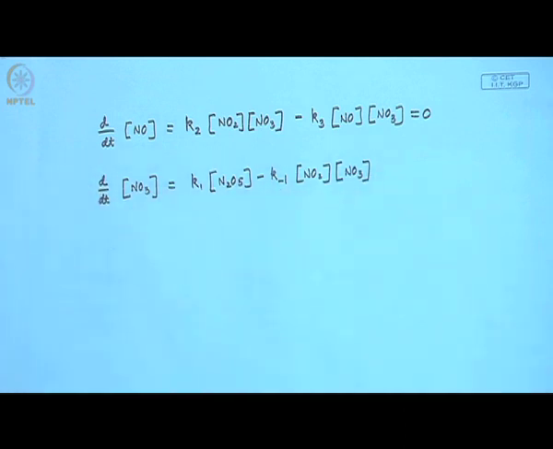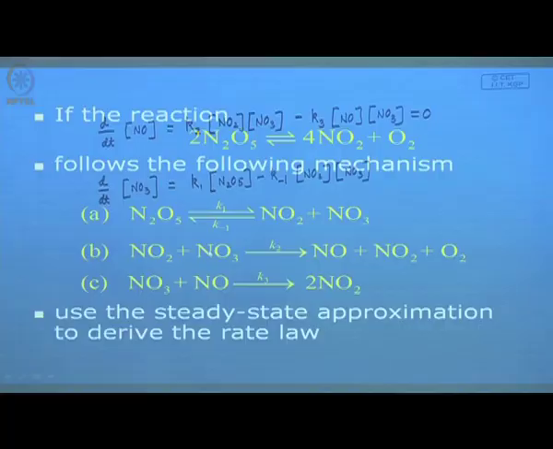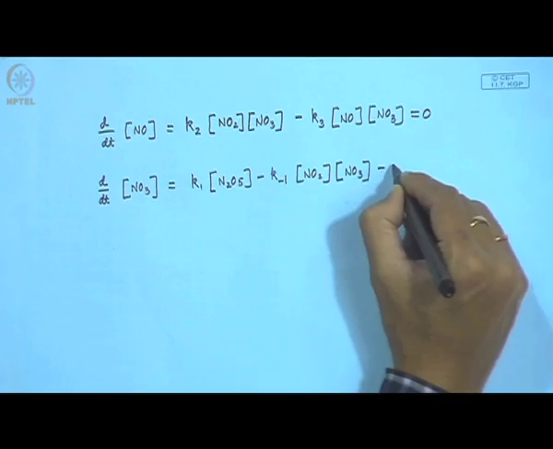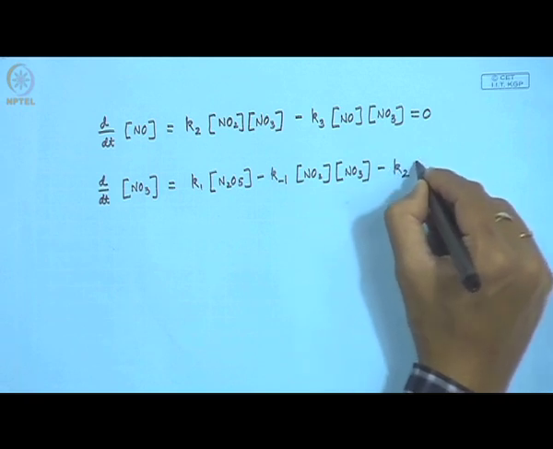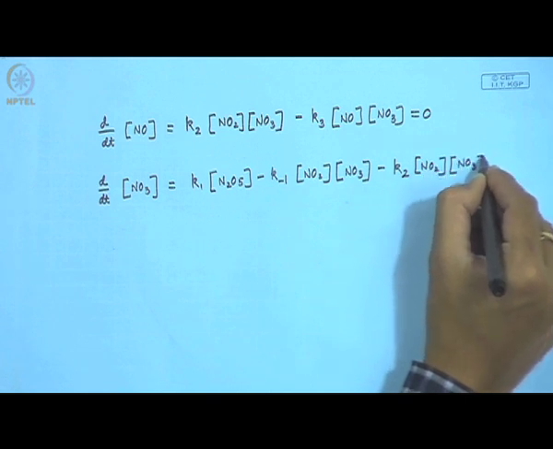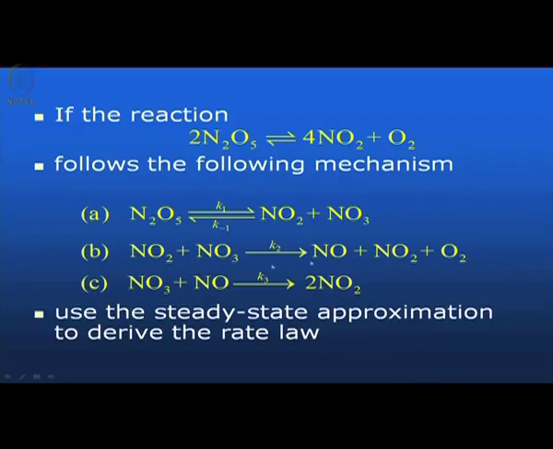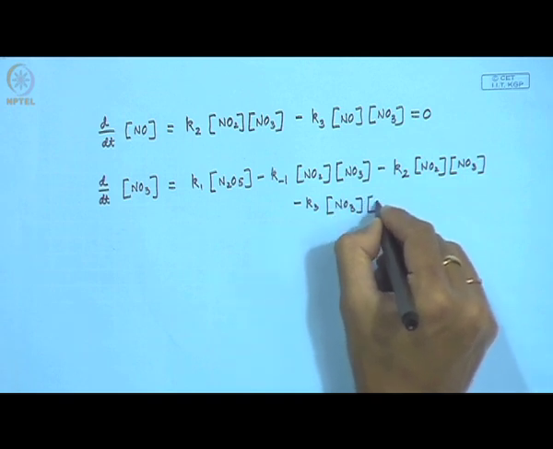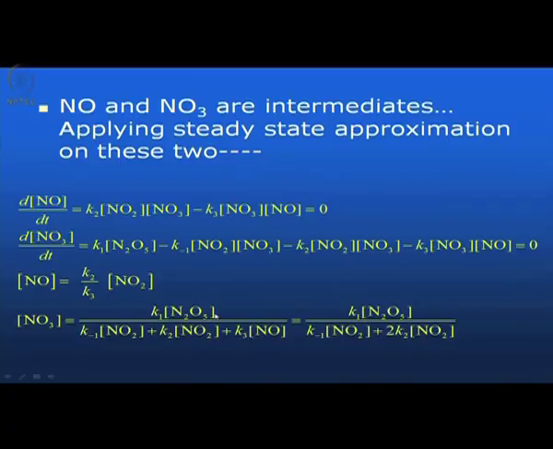Still other terms are there. NO3 here is again used up, so it should come with a negative sign. It is an elementary reaction, so you can use directly the concentration terms: minus K2 NO2 NO3, because it is depleted, and here again NO3 is depleted with K3, so minus K3 NO3 NO. So, there are 4 terms. You again put this to 0.